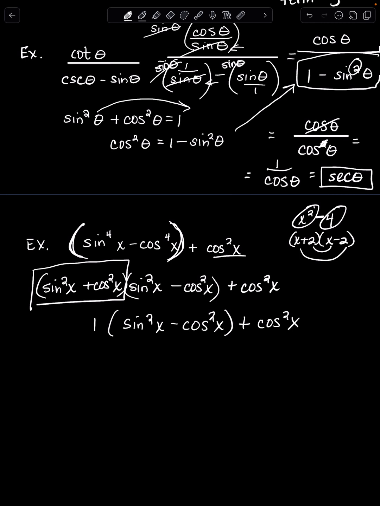Now I'm going to clean this up and get rid of the parentheses. You're distributing a 1, which isn't changing anything. So you've got sine squared of x minus cosine squared of x plus cosine squared of x. Those are opposites, those add out. And so all of this simplified to sine squared of x.